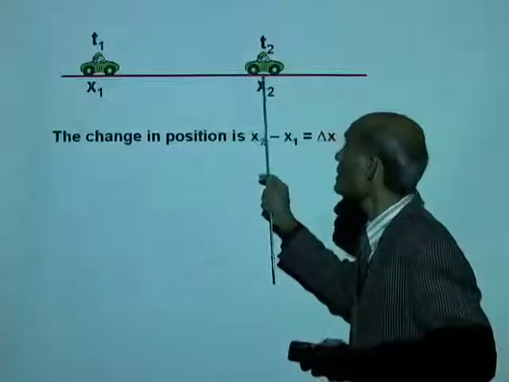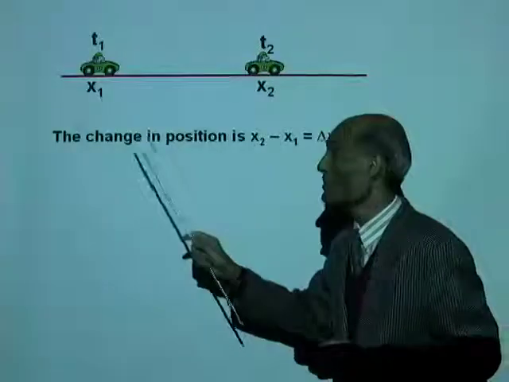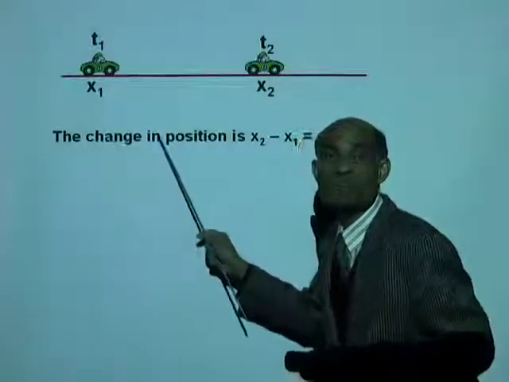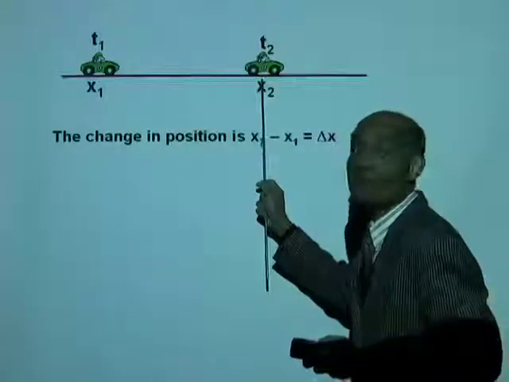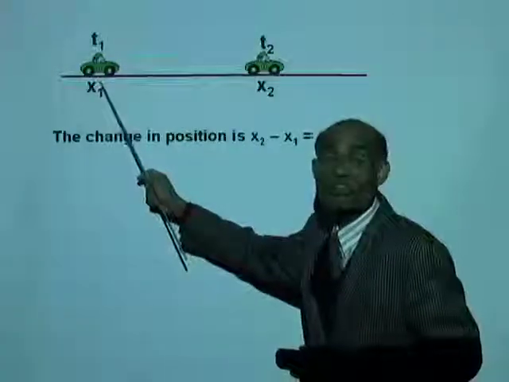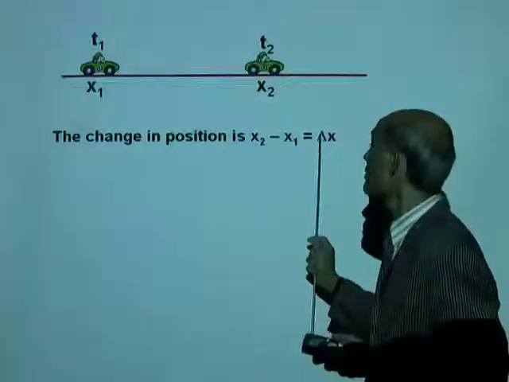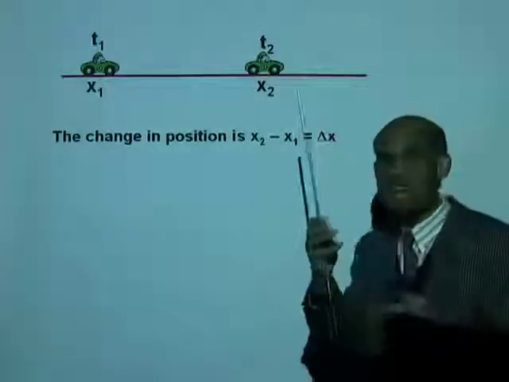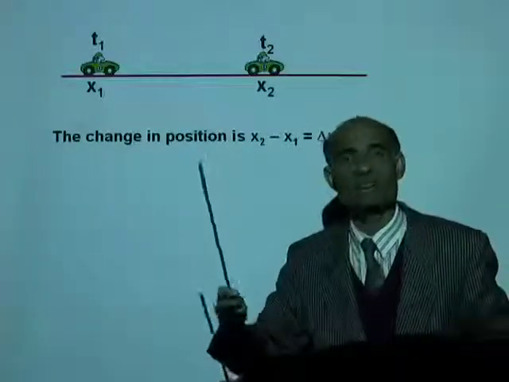The car is at position x2 when the time is t2. What is the change in position? The change in position is the final position minus the initial position, x2 minus x1. And we will represent that change in position by the notation delta x.